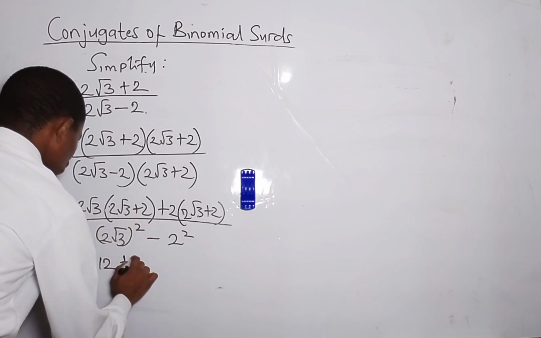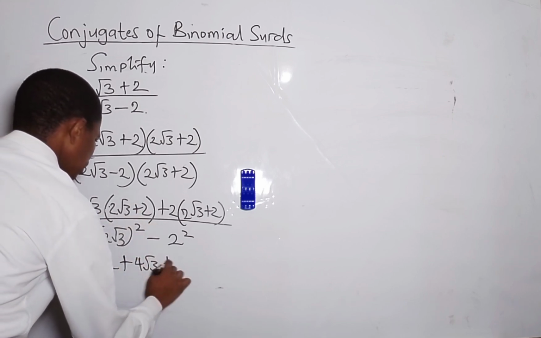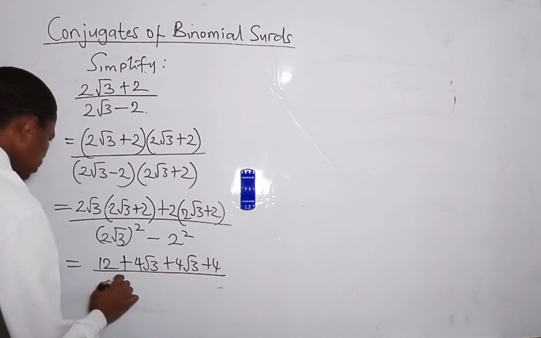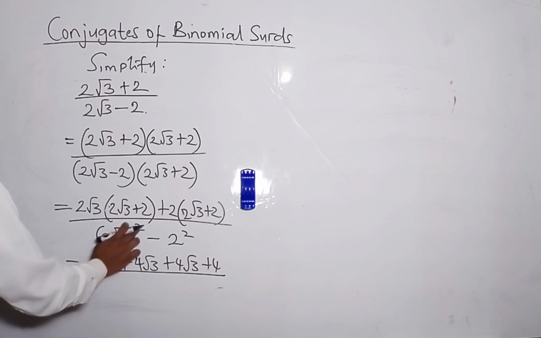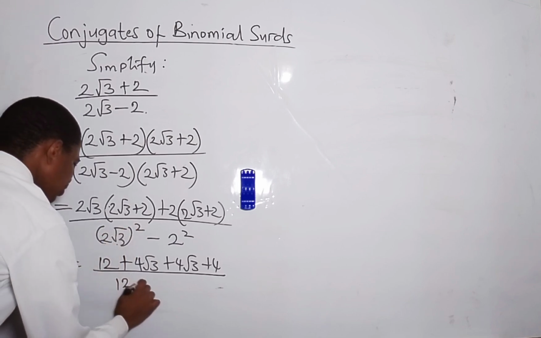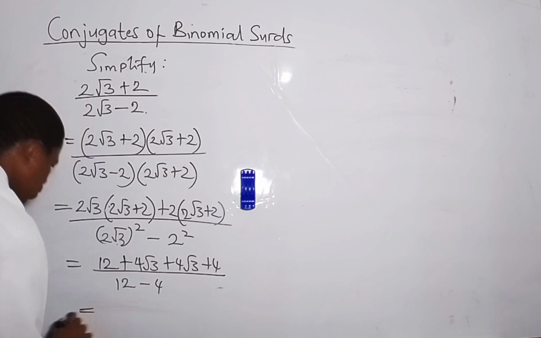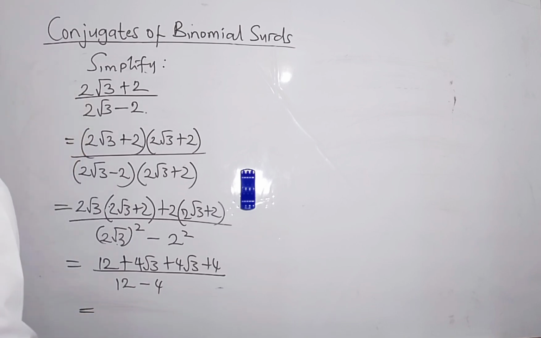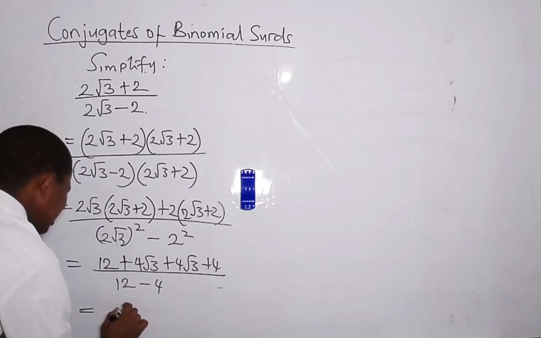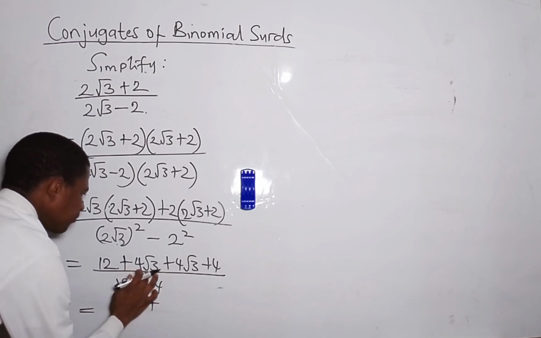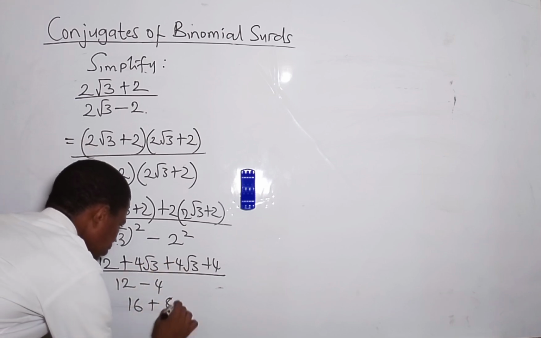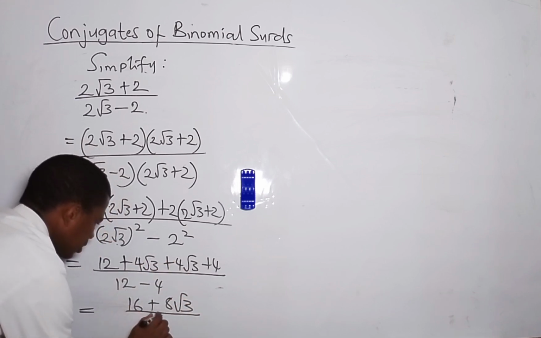So 2 root 3 times 2 root 3, 2 times 2 is 4, 4 times 3 is 12, plus 2 root 3 times 2, that's 4 root 3, plus 4 root 3, plus 4, over 2 root 3 squared, that's 12, minus 4. So what do we have as our answer here? We have 12 plus 4, 16, plus 4 root 3 plus 4 root 3, that's 8 root 3, over 8.